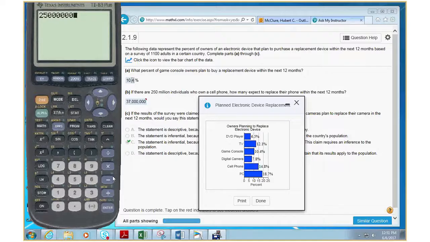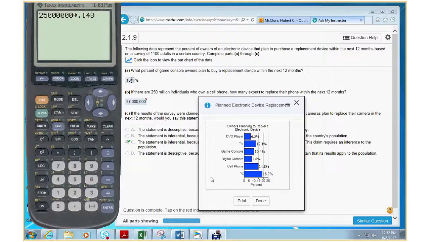And we're going to multiply that by the cell phones, which is 14.8%. Now, all of you, since high school or pre-algebra, should know that you can't put in 14.8 and hit the percent button. You have to move the decimal 2 places to the left. So that'd be times 0.148.